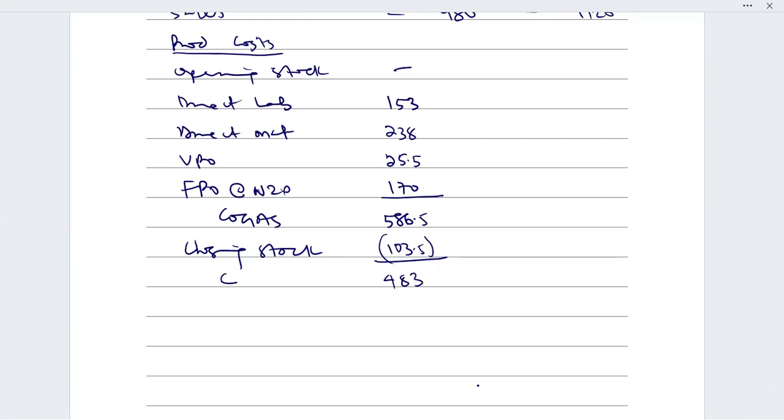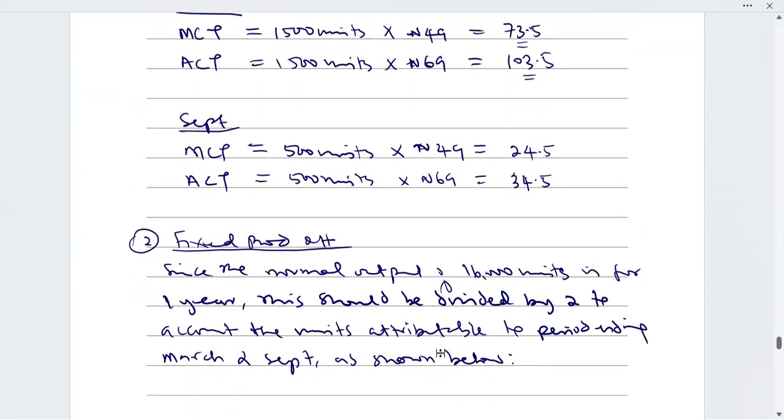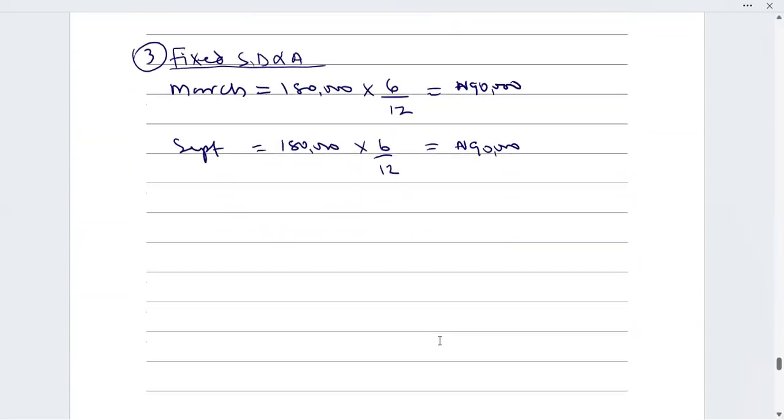This represents cost of goods sold. Immediately after the cost of goods sold, we consider overhead absorption. So let's go and work it out. Working number 4: overhead absorption.